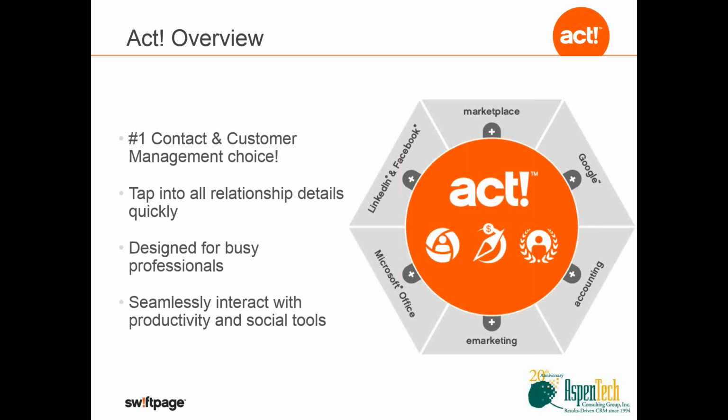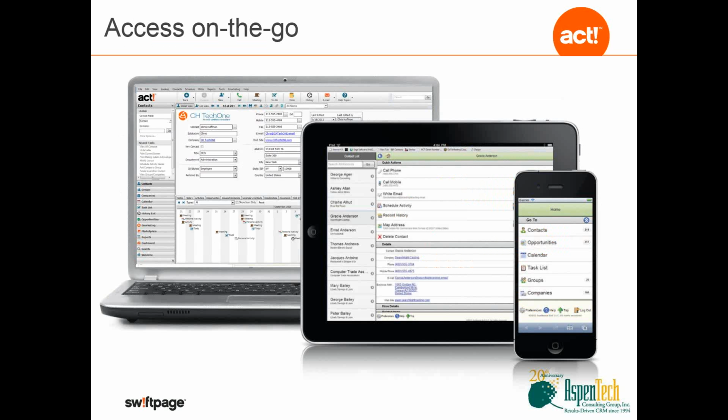Additionally, ACT integrates with the tools you use every day, like Word, Excel, Outlook, QuickBooks, Google, LinkedIn, and Facebook. ACT is available wherever you need it, whether you have a desktop in the office, a laptop in the field, a tablet, or a smartphone. ACT has the most flexible deployment options in the marketplace: on-premise, hosted, web, mobile, terminal server. So ACT definitely has a good solution for you.